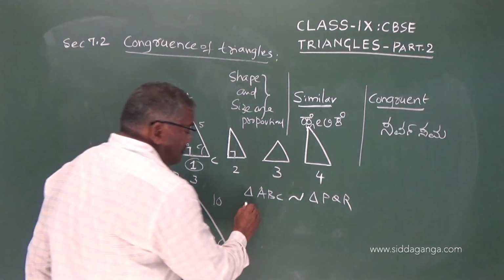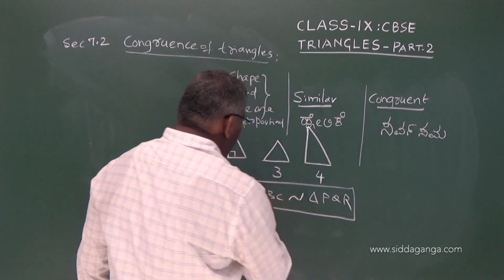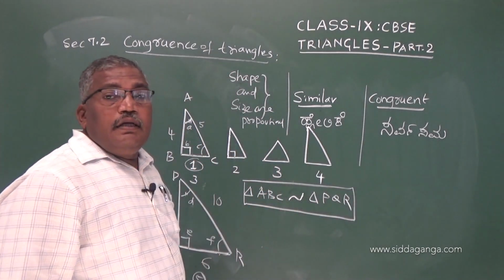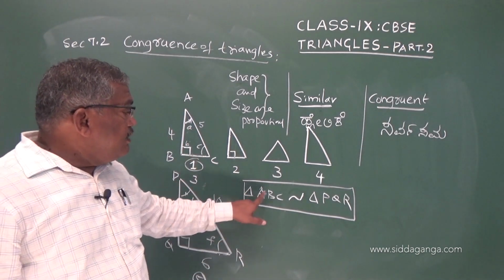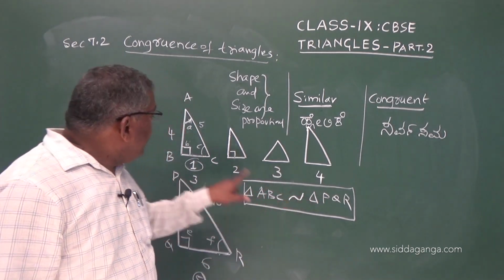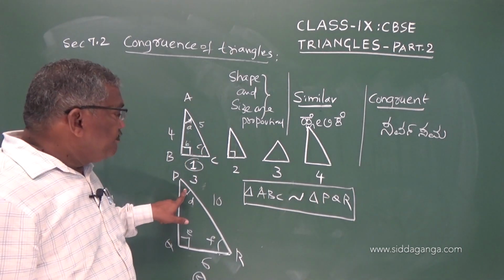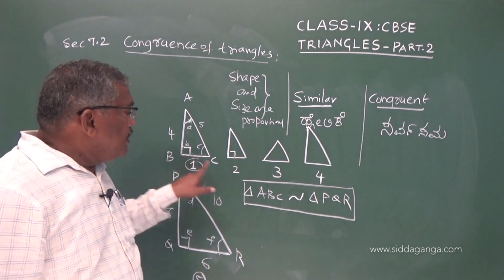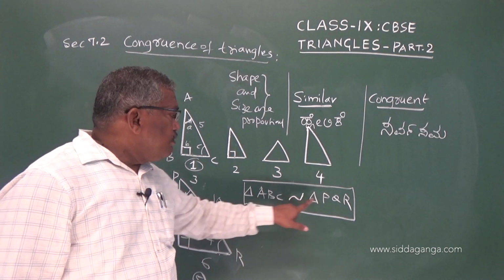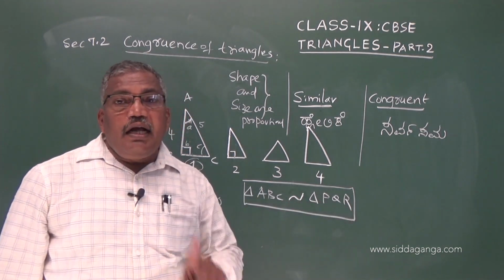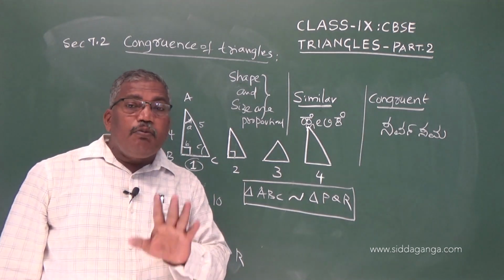This mathematical statement gives the idea that the corresponding angles are equal: angle A is equal to angle P, angle B equal to angle Q, and angle C equal to angle R. Corresponding angles are equal and corresponding sides are proportional.